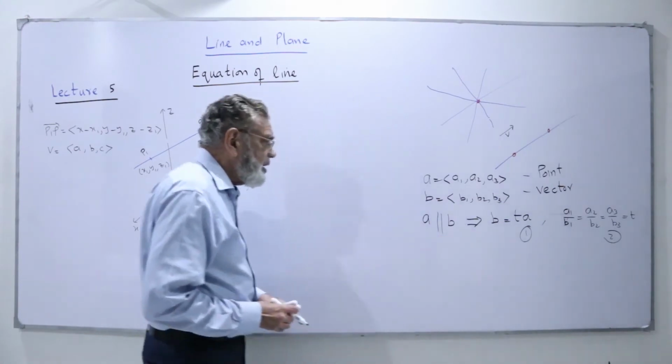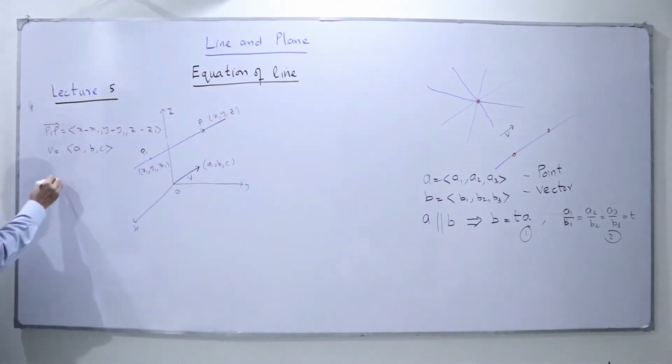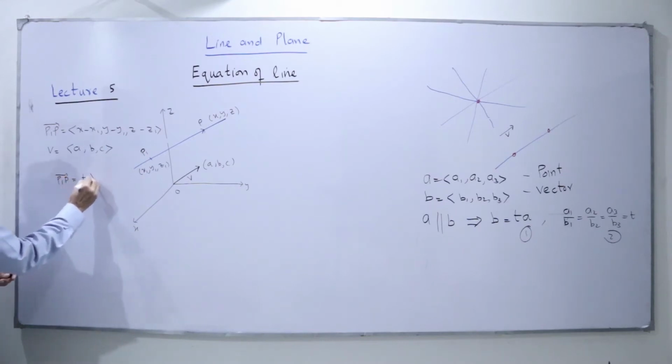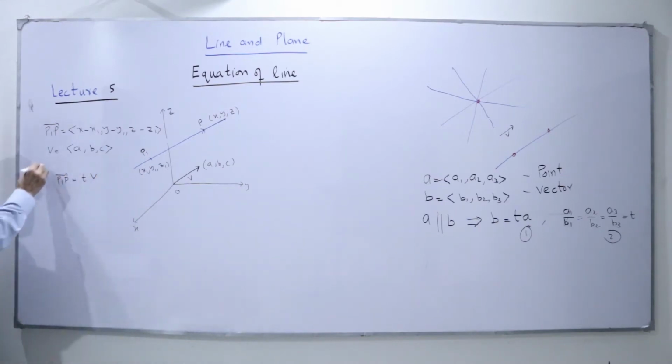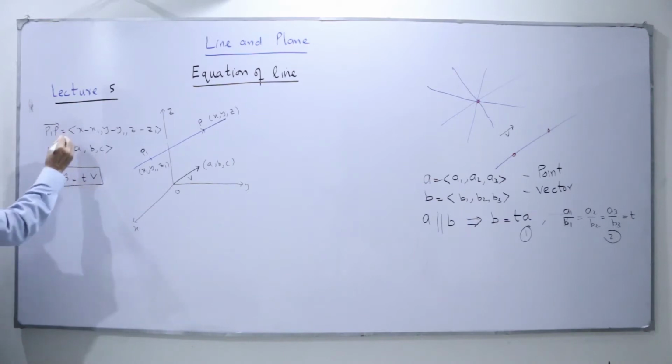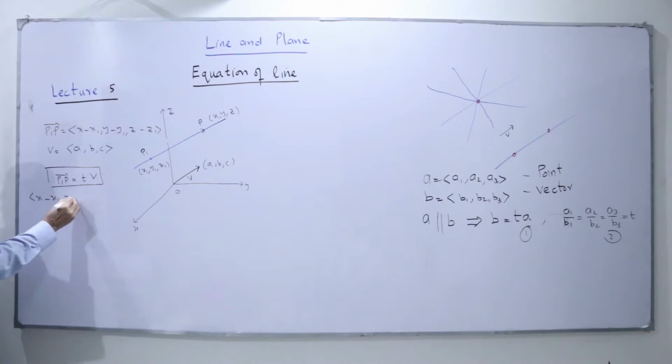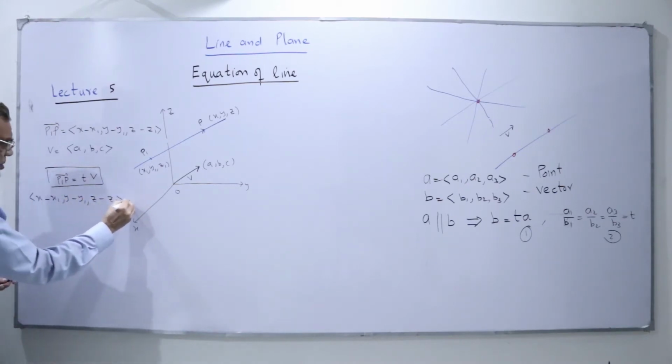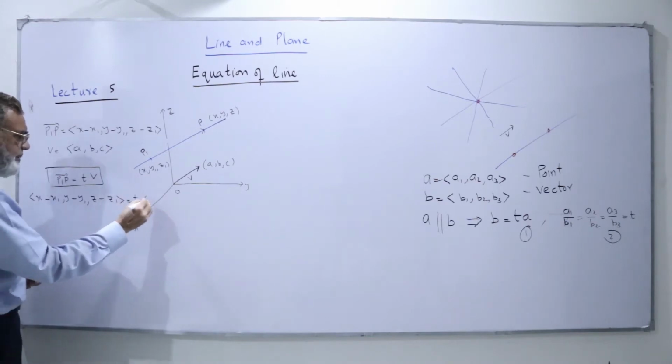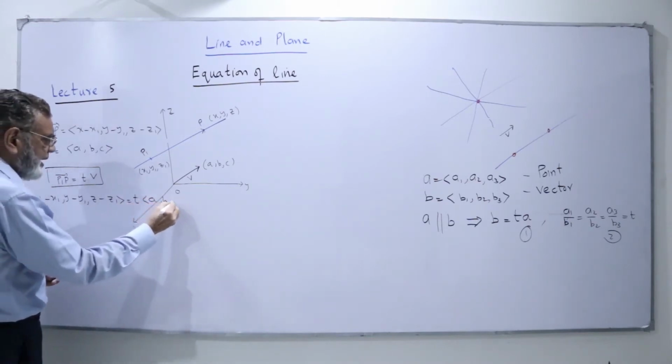We take this one, that P1P is equal to t times vector v. So we use this definition. We write the vector here: x minus x1, y minus y1, z minus z1, is equal to t times v. My v is a, b, and c.